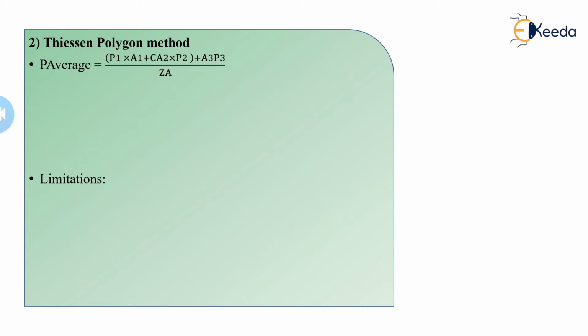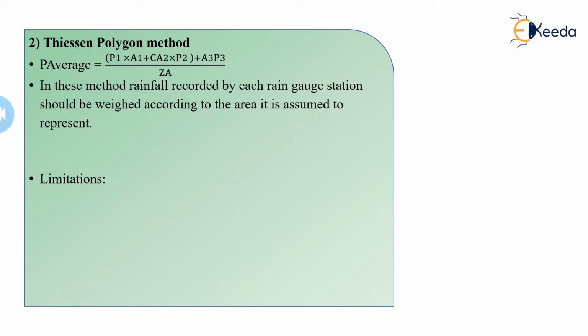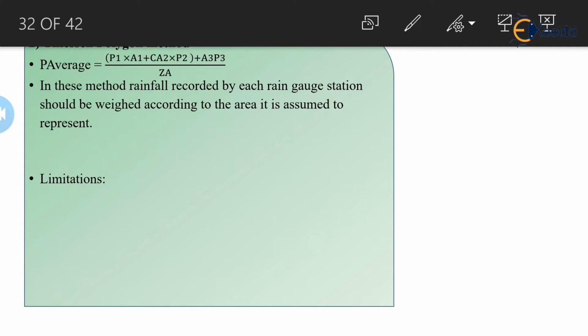As this method depends upon the weightage of rainfall with respect to the area, we divide by the summation of areas, and finally we get the value of P average.